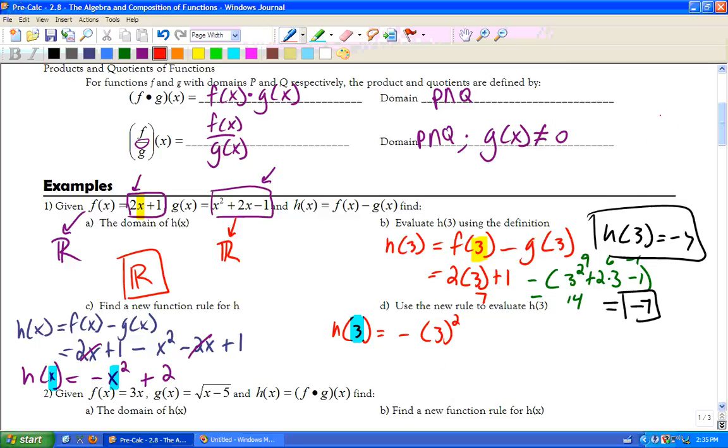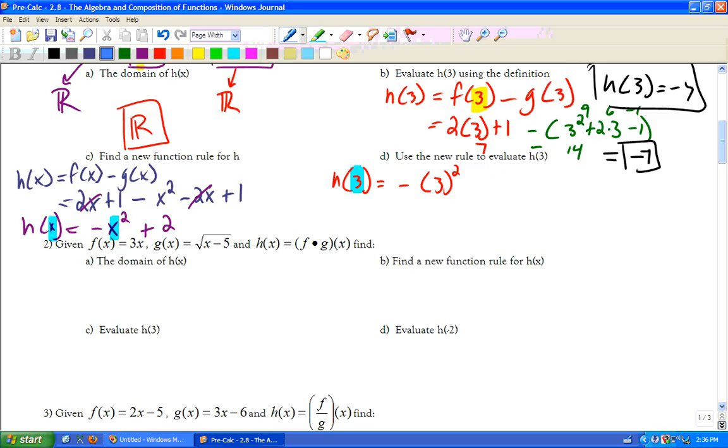Give me a second. Okay, now that my pen's working again, this is going to be the opposite of 3 squared plus 2. This gives us negative 9 plus 2, which once again equals negative 7. So we can see that by using the definition or by using a new function rule, in other words turning h of x into an expression in terms of x, we get the same solution.